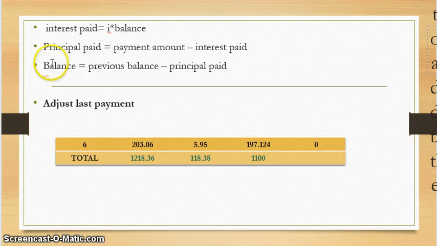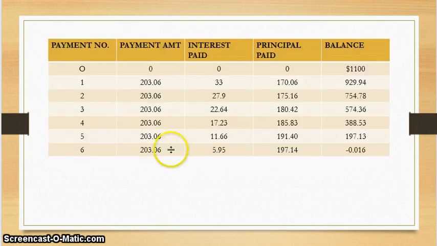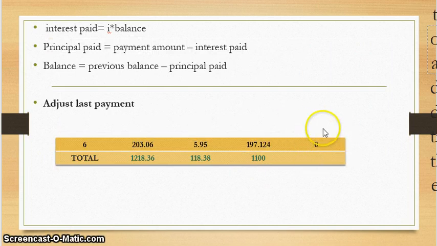Then lastly, to be accurate, you can adjust your last payment so that you can get 0 there by saying $197.14 less 0.016, so that you can get your 0 to show that your loan was fully paid up.